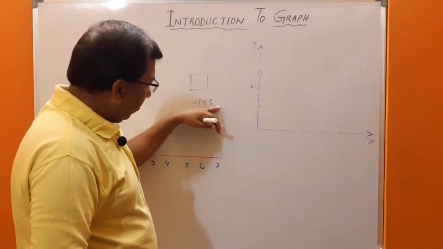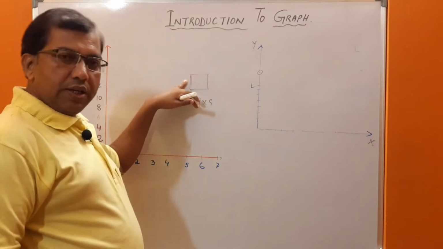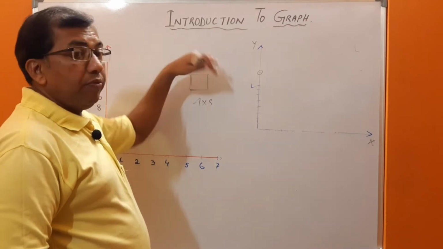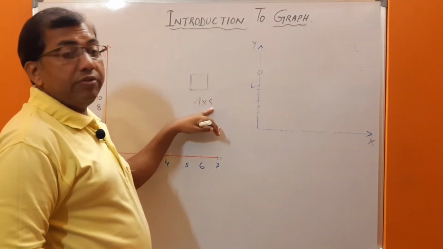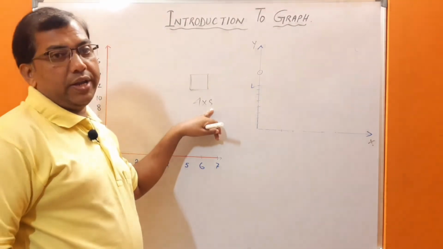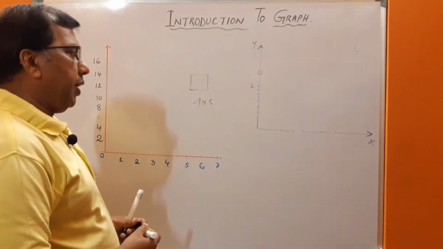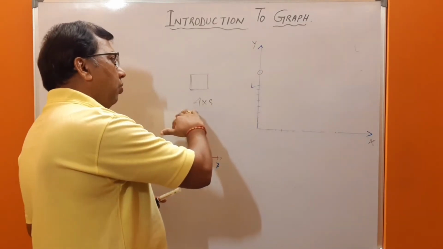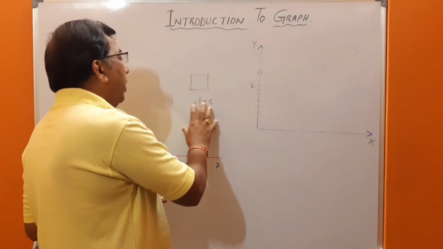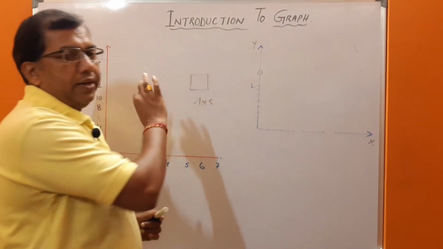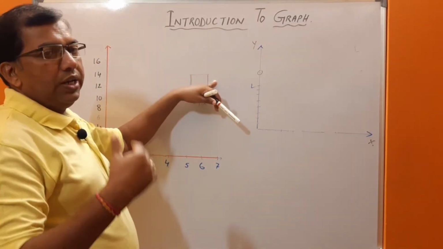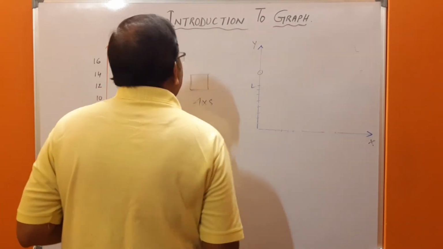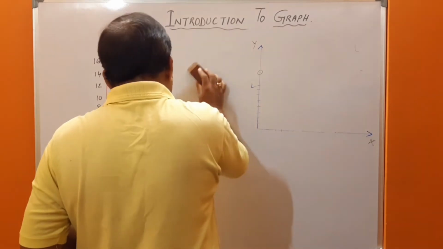The value of the side is independent, and the perimeter is dependent upon the value of the side of the square. That means the perimeter will increase or decrease when the value of the side of the square increases or decreases. Clear? So in this way, these are the dependent and independent variables.